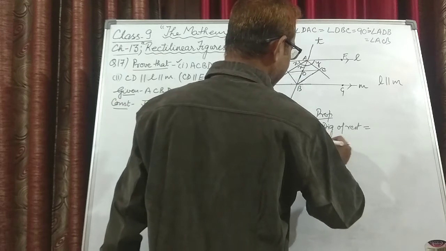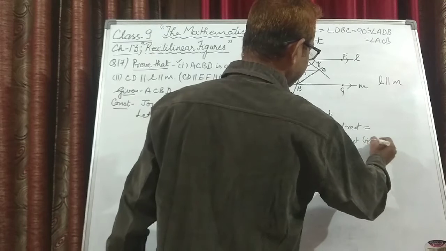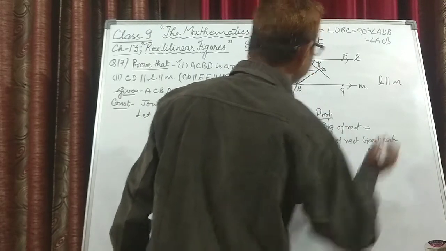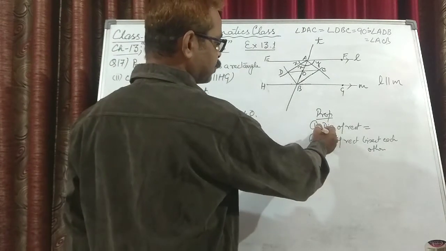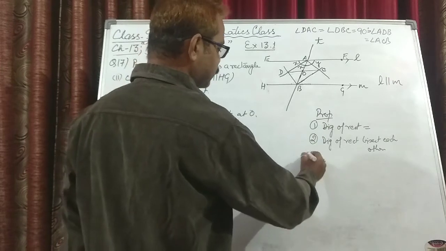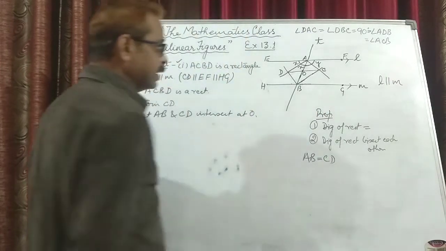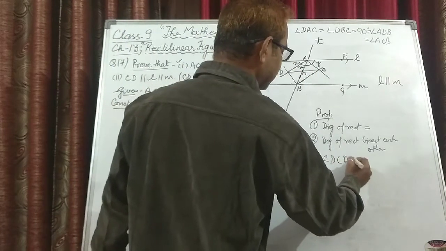Number 2, diagonals of a rectangle bisect each other. These two properties we are using. Now, first we know that diagonals of a rectangle are equal. It means we can say that AB is equal to CD, because AB and CD are diagonals of the rectangle.